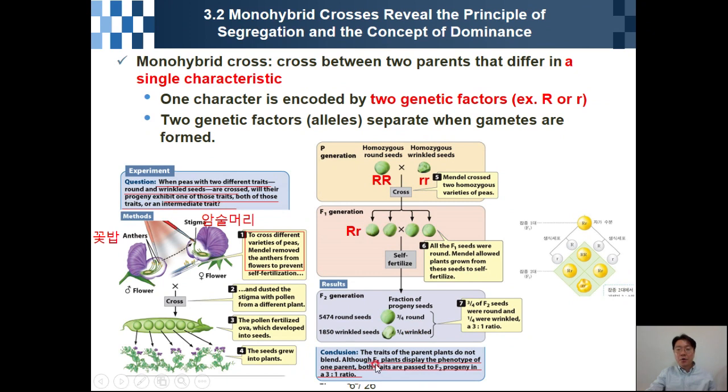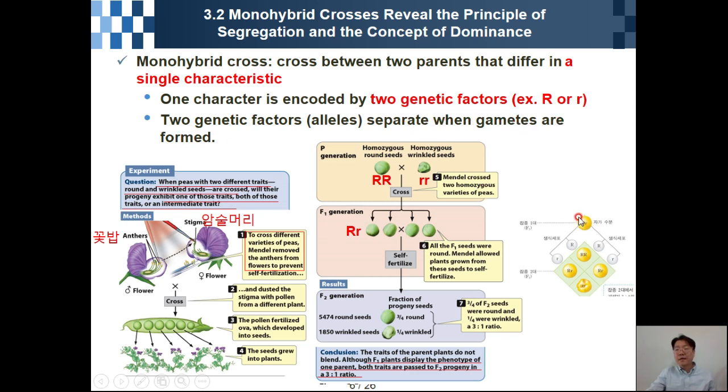And also both traits are passed to the F2 generation in the 3-to-1 ratio. So why can it be passed in the 3-to-1 ratio? Because the two genetic factors, for example large R, small r, separate when gametes are formed.